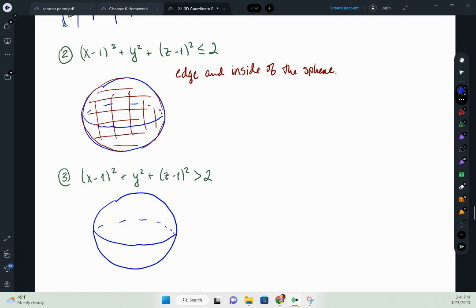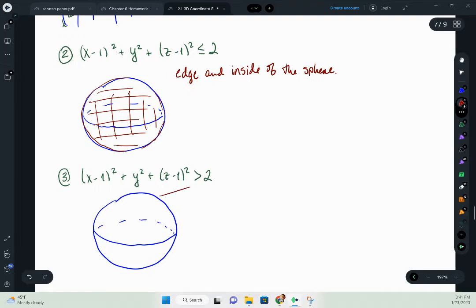Remember, the equation of a sphere gives you the set of all points that are equidistant from some center. So if we're saying that the set of all points is greater than 2, then we're not talking about the sphere. We're talking about outside the sphere, because the sphere is the set of all points that are square root 2 units away from the center.